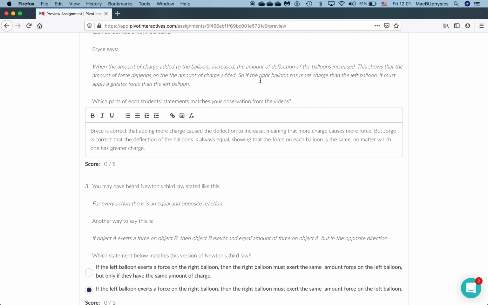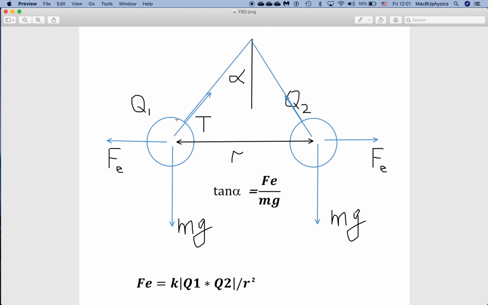Now, if the right balloon has more charge than the left balloon, it must apply greater force than the left balloon. Well, before or after? This statement may have a couple of interpretations. Should we compare the change before the charge was added and after?